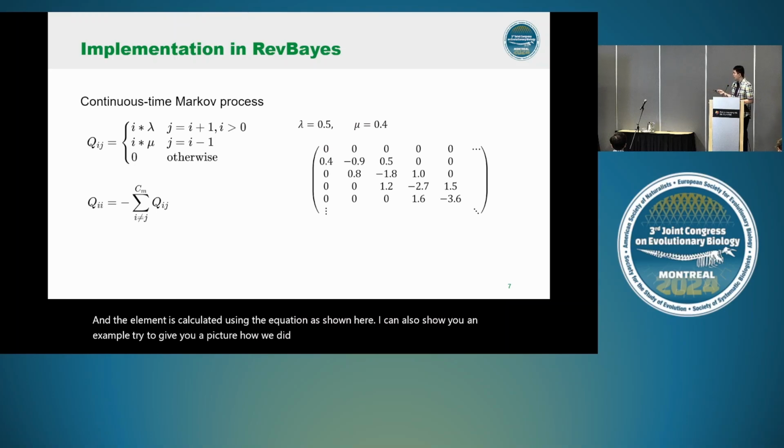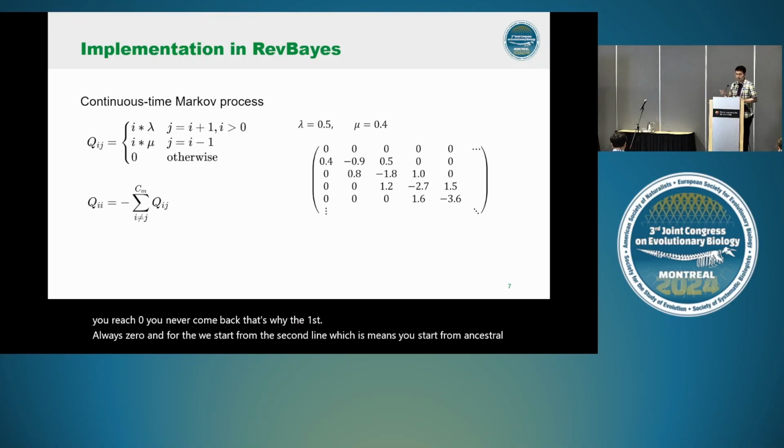For instance, if we set lambda to 0.5 and mu to 0.4, this is the Q matrix. The first line is where you start from gene family size 0, but once you reach 0, you never come back. So that's why the first line is always 0. Then the second line means you start from an ancestral state where gene family size is 1.